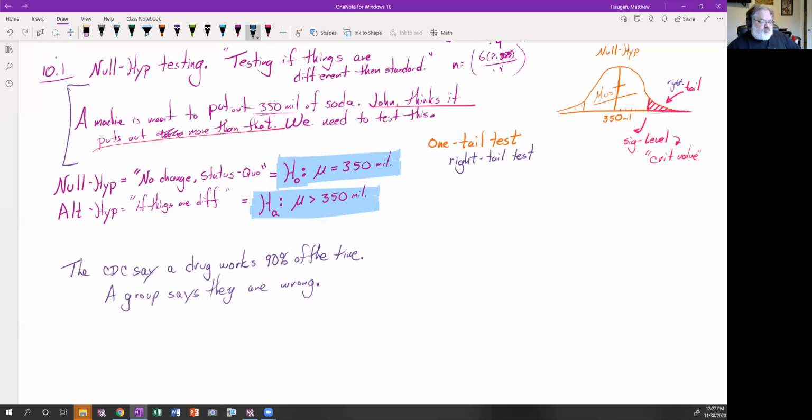What's the assumption we're going to make and test? Maybe that more than 90% are wrong. Well, our assumption is what we're told happens, because we're trying to see if these people are right or wrong. If this group is incorrect, for us to say that the CDC is wrong, we have to assume that they're correct.